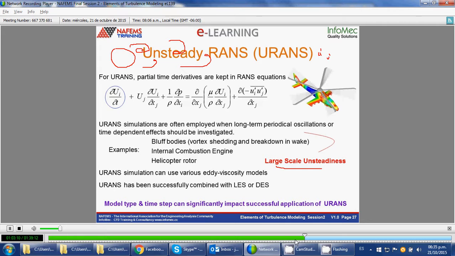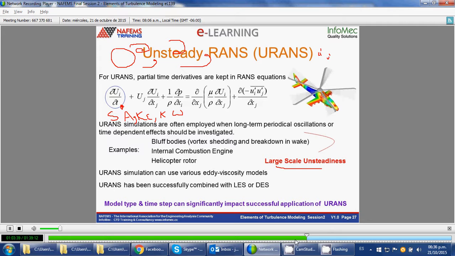Now, URANS means you could have any of those models, like SA model, K epsilon, K omega, all of those things. If you keep this term on, that would be a URANS, and any of these models could be done.